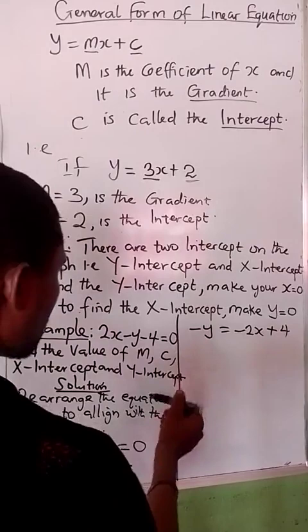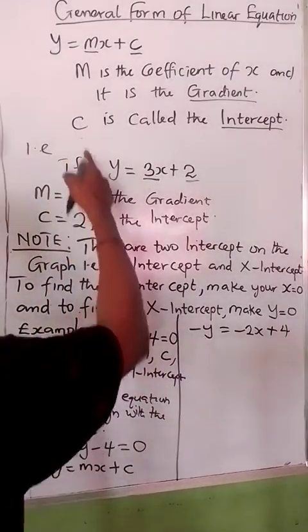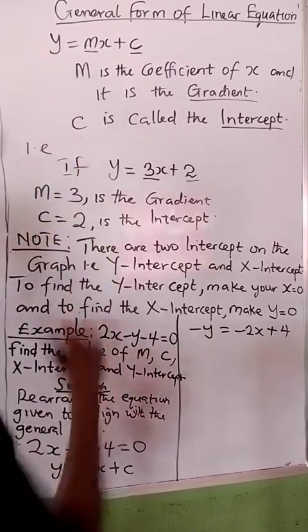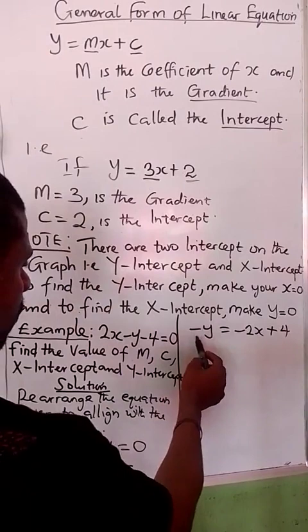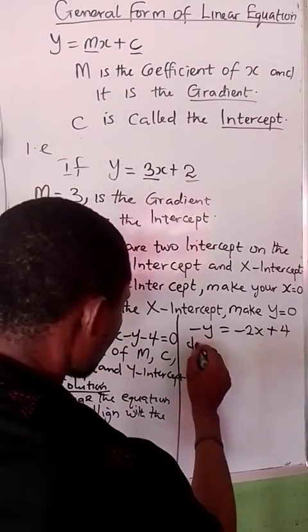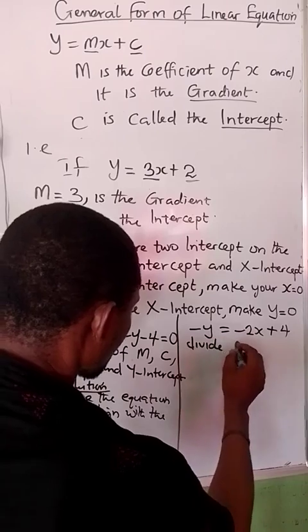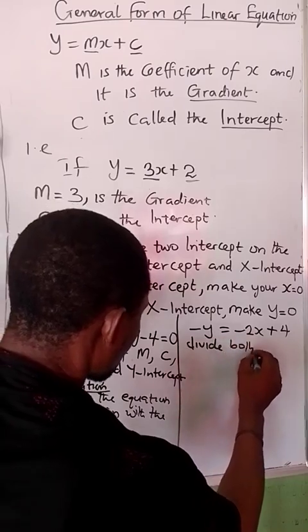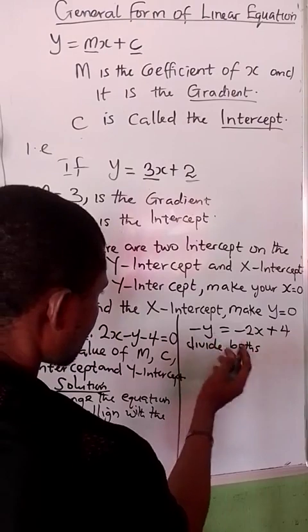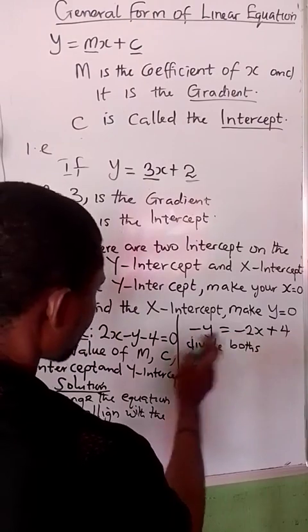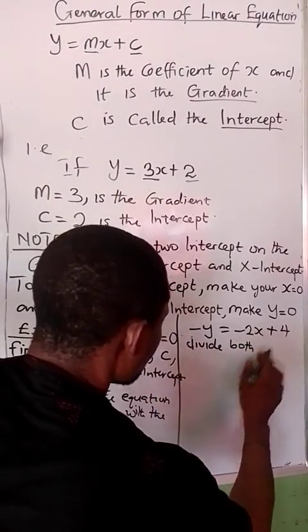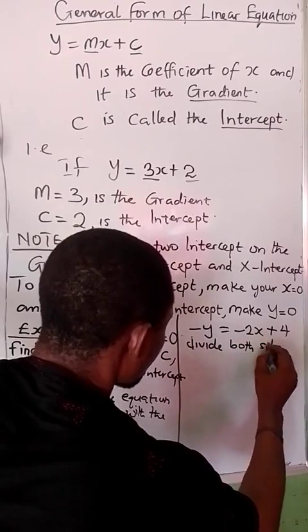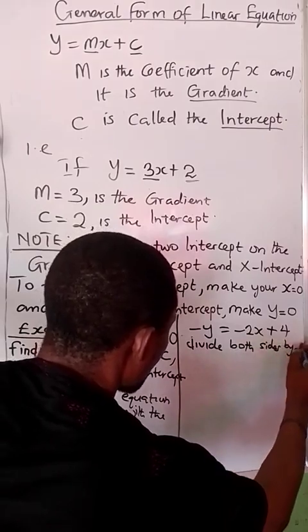Remember, in the general equation we can't have minus y. So how do we remove the minus? You divide both sides by minus 1. Both sides means the two sides that this equals sign separates.